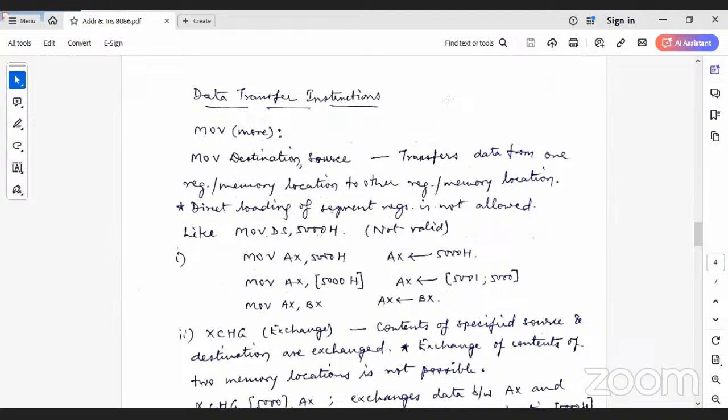So that is what it means by writing the memory location address in the rectangular brackets and showing the arrow pointing towards AX. That is how you have to understand.